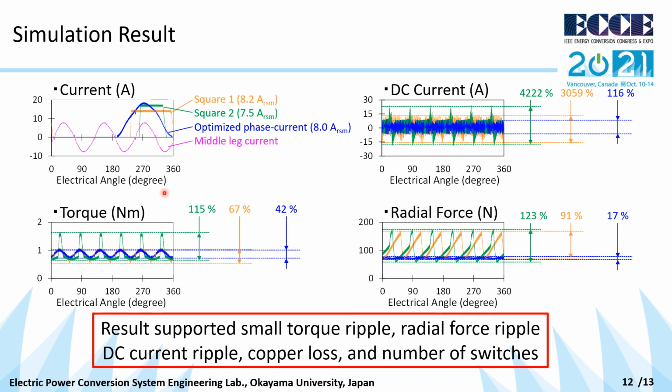As for the torque waveform, radial force waveform, and DC current waveform, the ripple ratios of the blue waveform are smallest. This result implies that the optimized phase current waveform achieved small ripples. Consequently, this simulation supported the small torque ripple, radial force ripple, DC current ripple, copper loss, and number of switches.